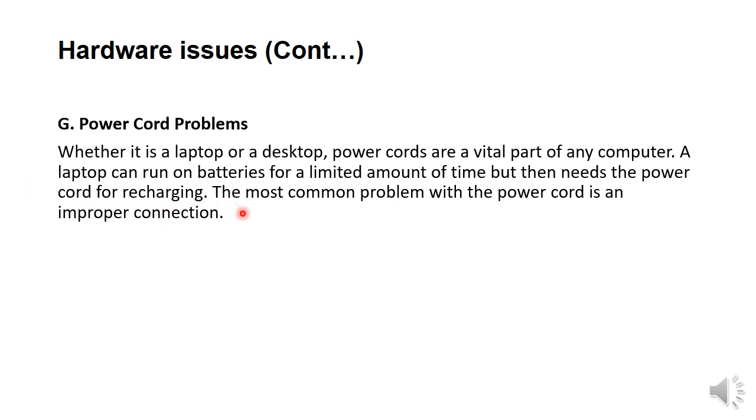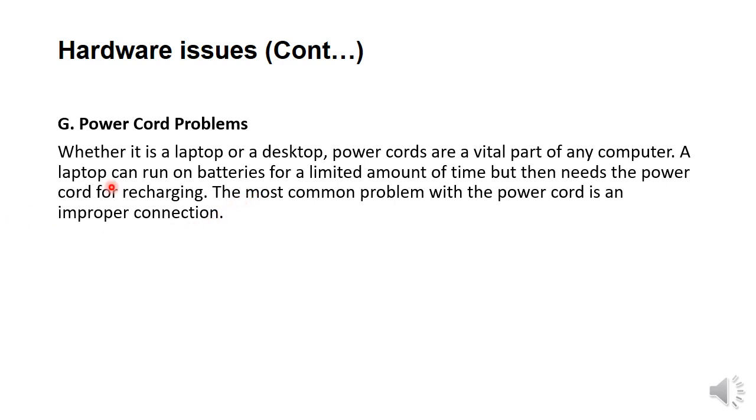Once you are using a desktop computer and the power cord does not work properly, the computer data which are stored in random access memory will immediately be lost, because that memory is a volatile memory.